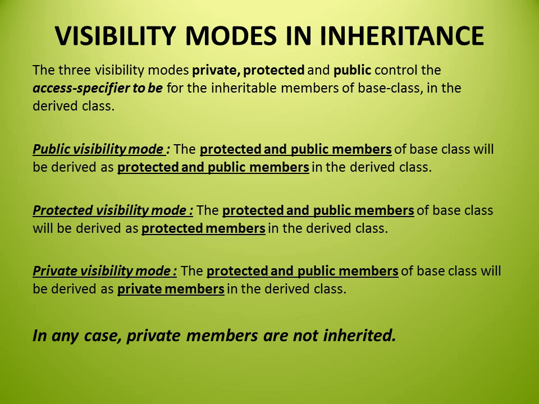And if you inherit a class in protected access specifier, or we can say protected visibility mode, the protected and public members of the base class will be derived as protected members in the derived class. And if you inherit a class in private visibility mode, again, the protected and public members of the base class will be derived as private members in the derived class. In any case, private members of a class are not at all inherited.